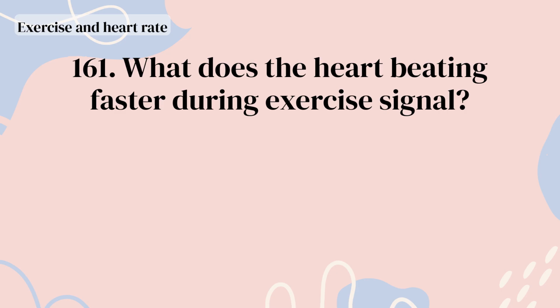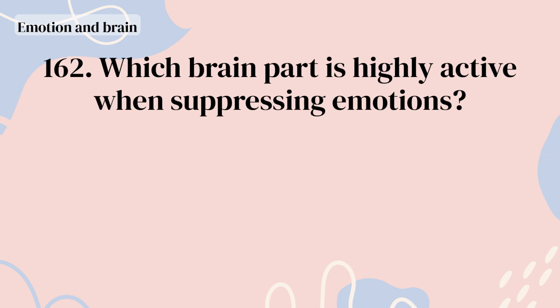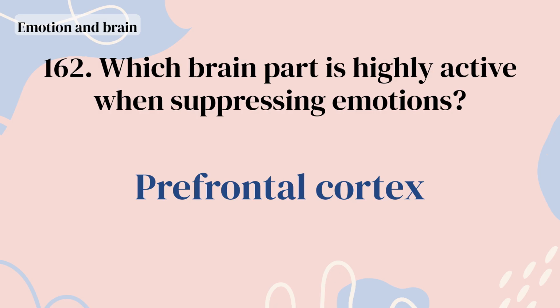Lead. What does the heart beating faster during exercise signal? Greater oxygen demand. Which brain part is highly active when suppressing emotions? Prefrontal cortex.